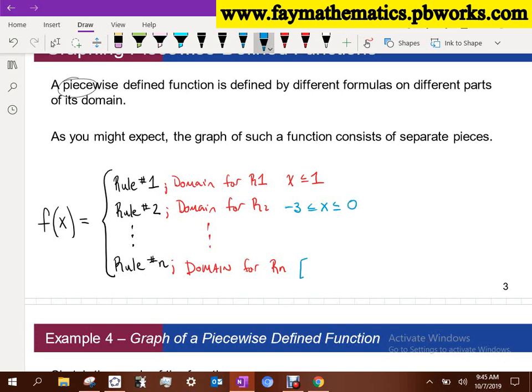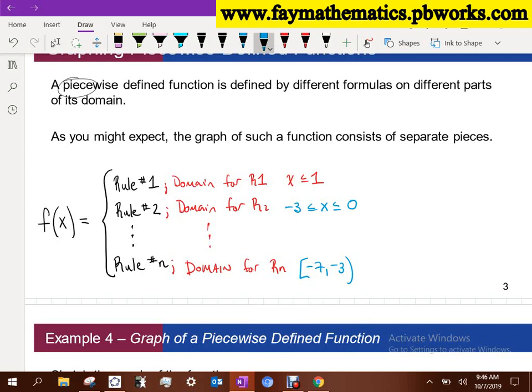Here they might say that my domain is -7 to -3, not including -3. So you can see, I try to deliberately give you different ways that you might see the domain there. You might see that as an open interval. X is less than or equal to 1, and that's an interval from 1 to -infinity, right?